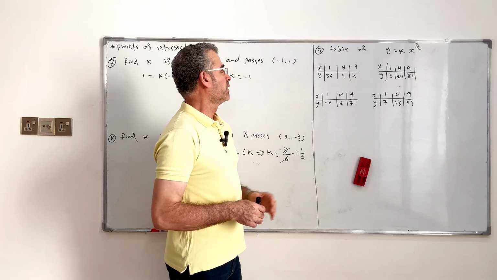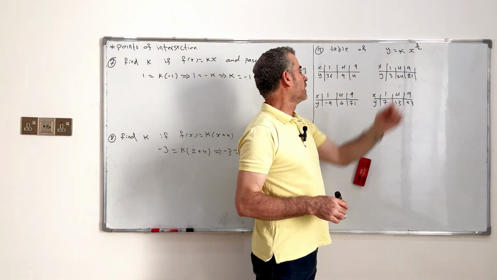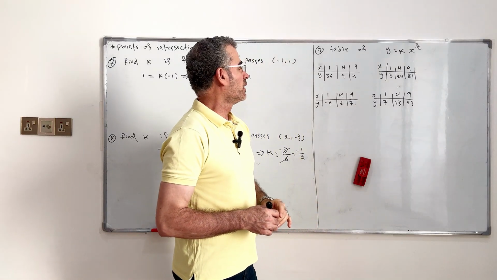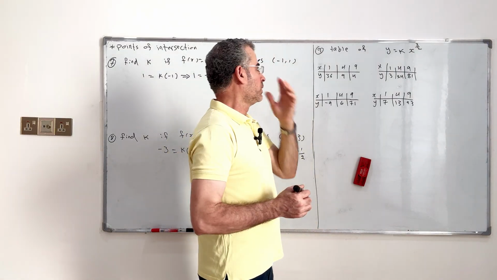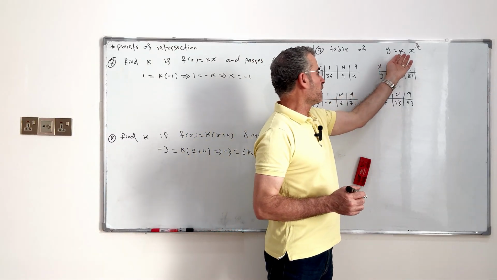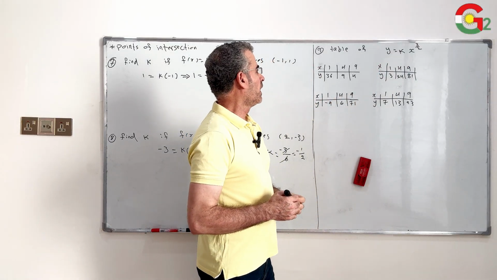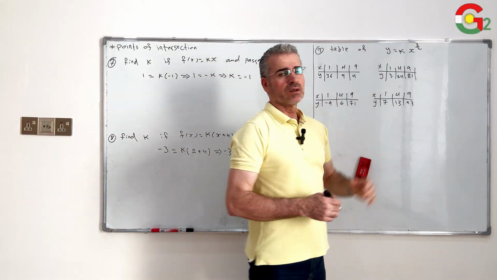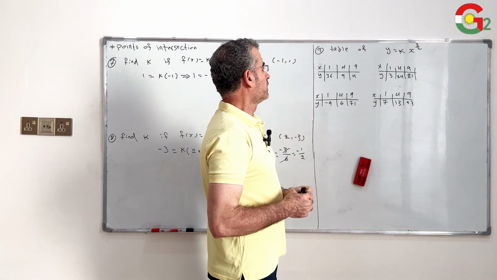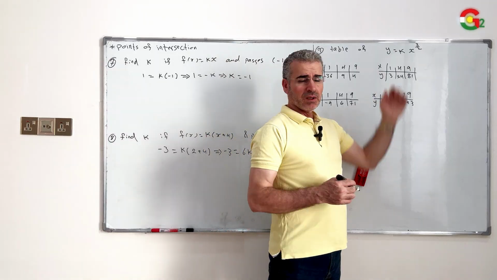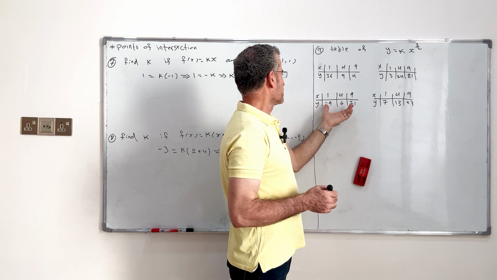Example number 9, which table is for the function y equals k x to the power 3 over 2? As we see, the function has an unknown coefficient, an unknown constant, so I need to find the value of k from these 4 tables.